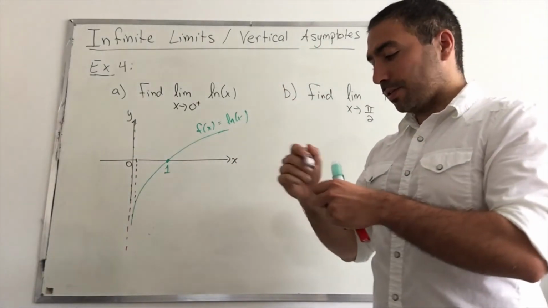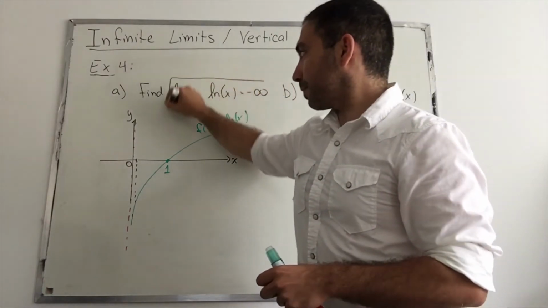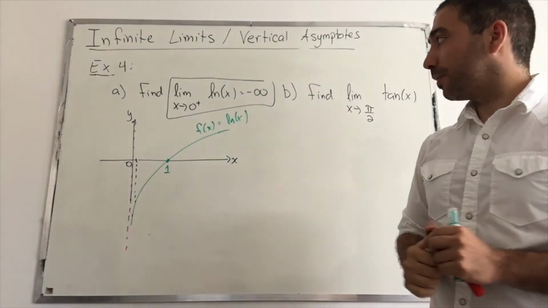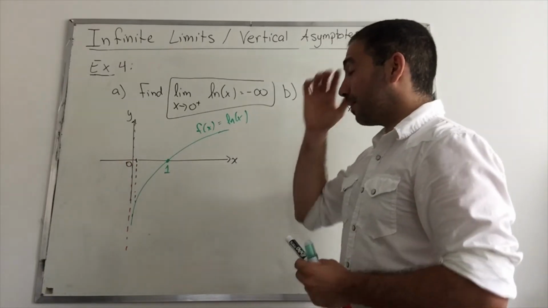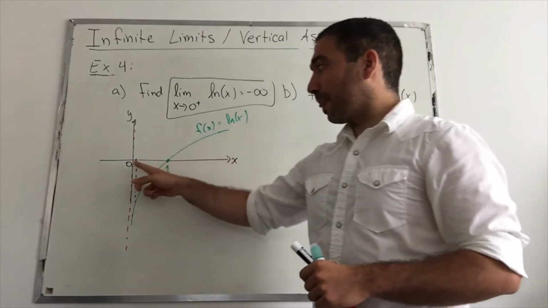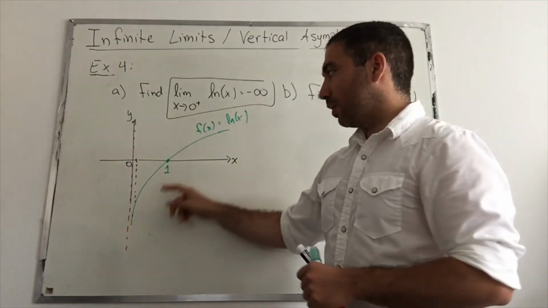So this gives us an answer of negative infinity. Okay. So this you would have to know from the graph. So the limit of ln of x, or logarithm, log of x, same thing, as x approaches 0 from the positive side is going to go to negative infinity.